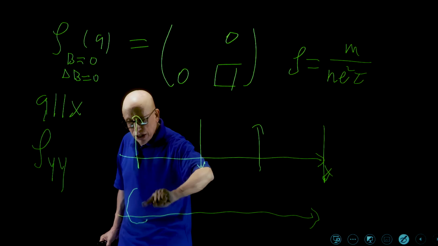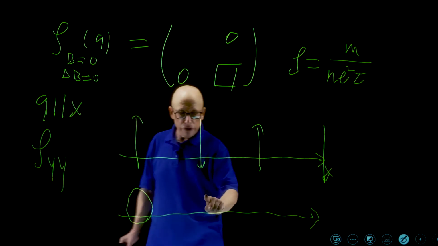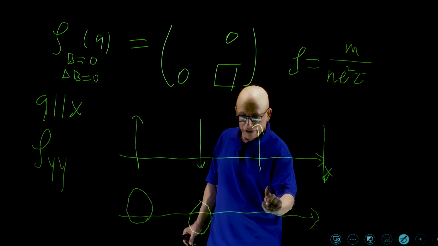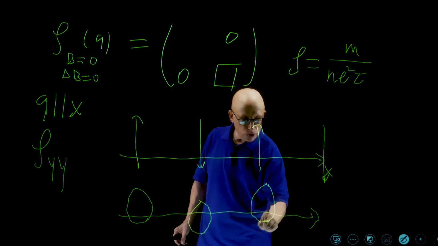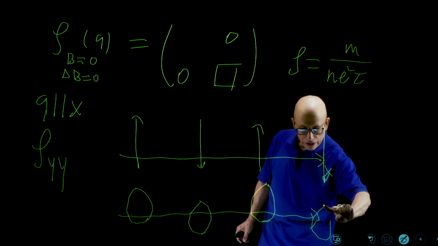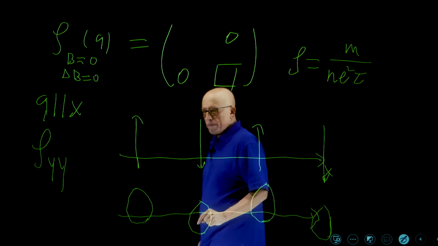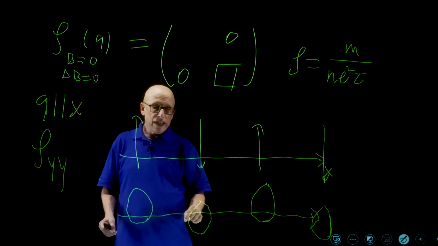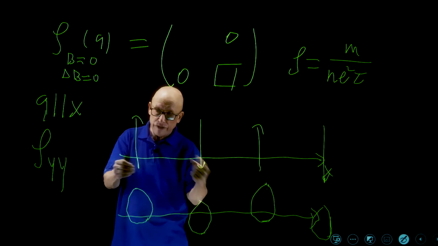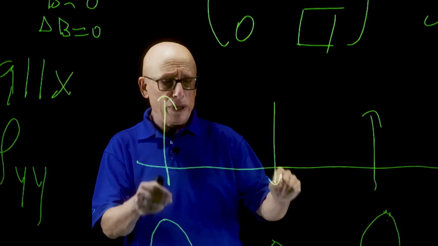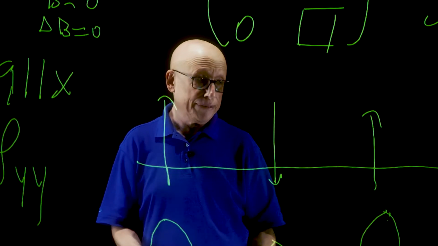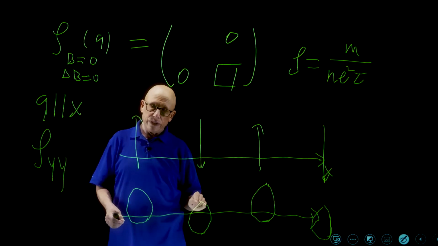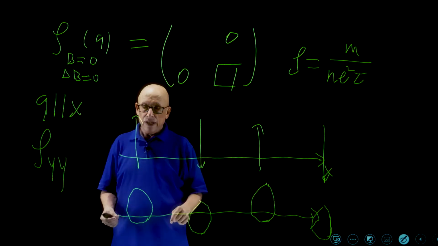It's going to be shifted upwards at this point and downwards at this point, upwards at this point and downwards at this point, and so on and so forth. Those are supposed to be Fermi circles, and they are not supposed to be shifted so much. It's, of course, exaggerated, but you remember how teaching on blackboards is. So this is the current we prepare at time equals 0. Now we let it evolve in time, and it will decay.